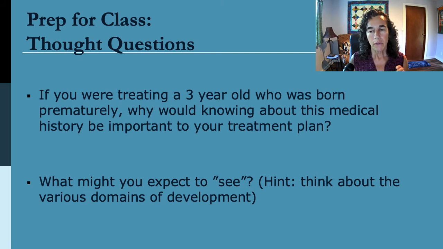So, to answer this question, you want to think about the domains of development, right? So occupations, yes, but also the domains, which I would say would be physical, including motor and sensory, communication, including receptive and expressive, social, adaptive, which includes ADLs, IADLs, self-regulation, cognitive, emotional.